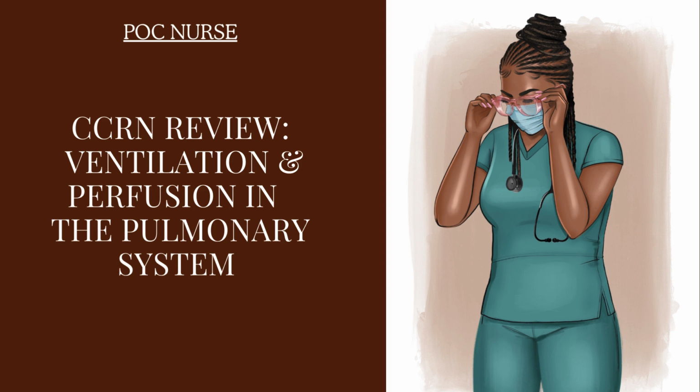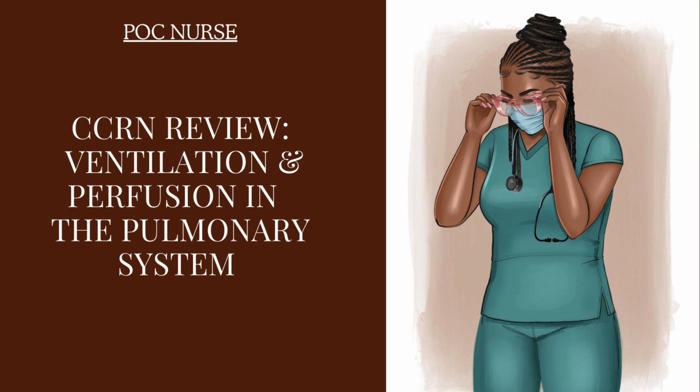So the ventilation perfusion ratio is represented by the VQ ratio, where V represents ventilation, the volume of air moving through the airways, and Q represents perfusion, the amount of blood moving through the pulmonary capillaries.